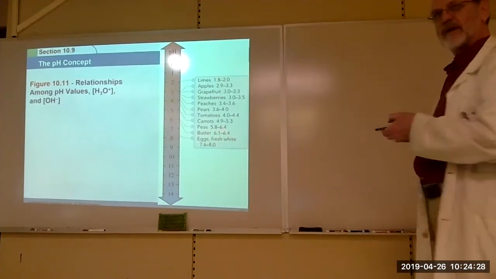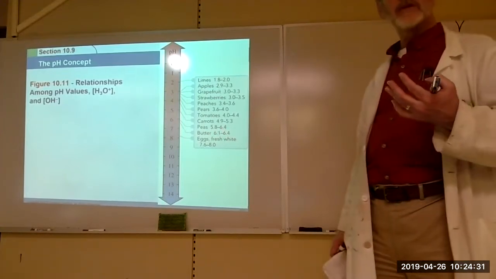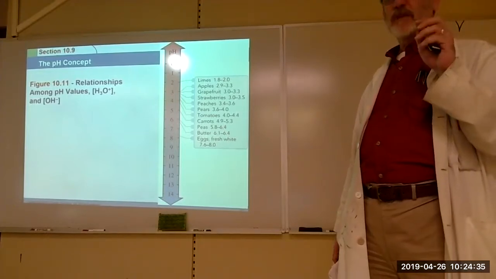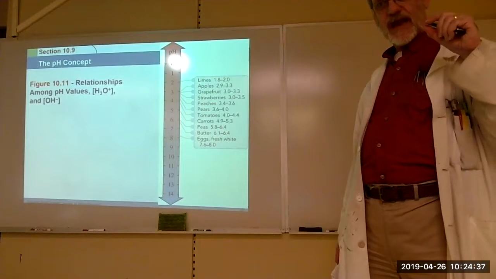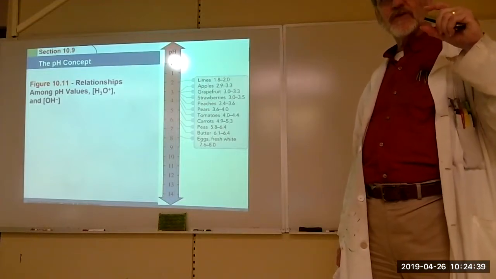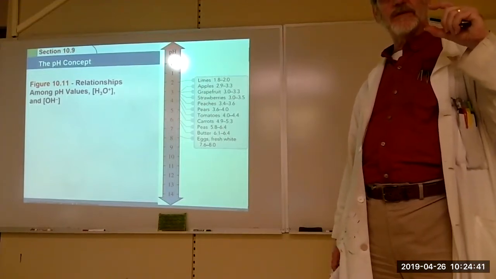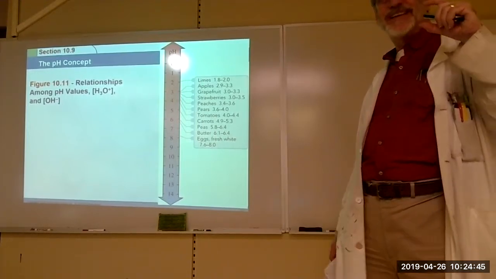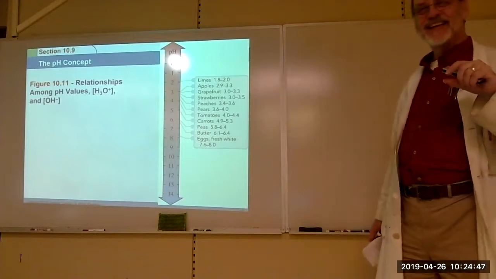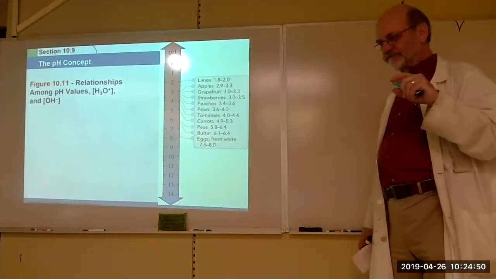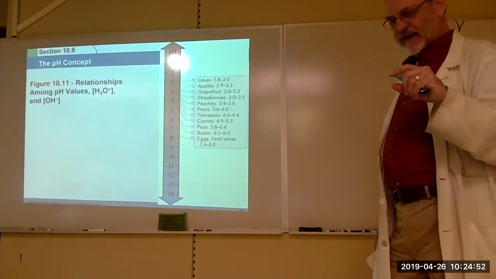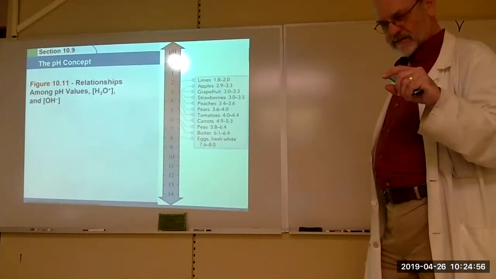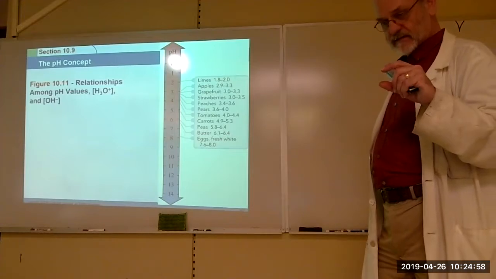Has anybody had anatomy and physiology here? So you know what the ideal physiological pH range of your blood is, right? Do you remember? If I remember correctly, it's 7 point, slightly basic.